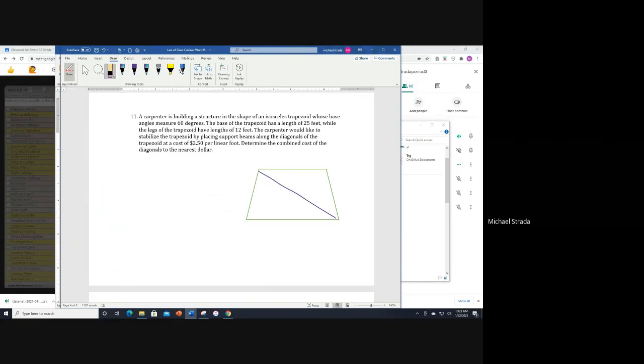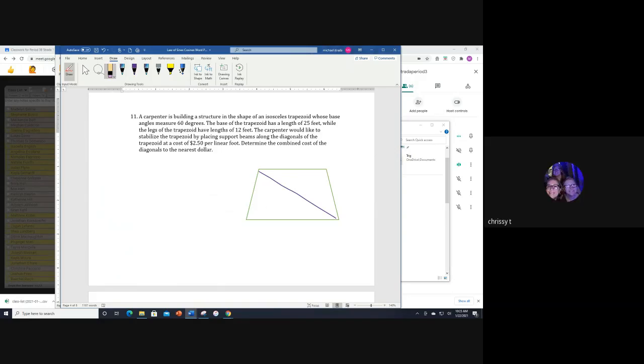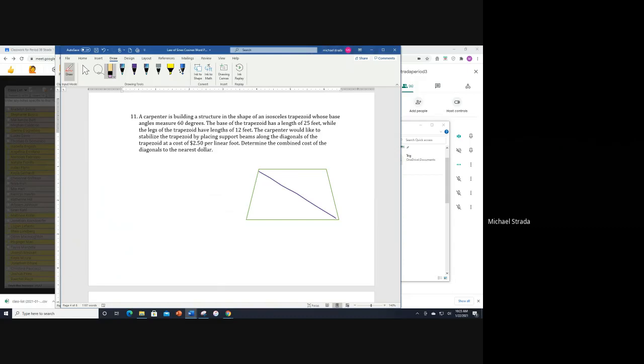I would tell you to find one because they're congruent, so the two diagonals are exactly the same. They tell you this angle is 60 degrees, the base is 25, and the legs are these sides, so that's 12. Now you can use the law of cosines to get that length, and then multiply by 2.